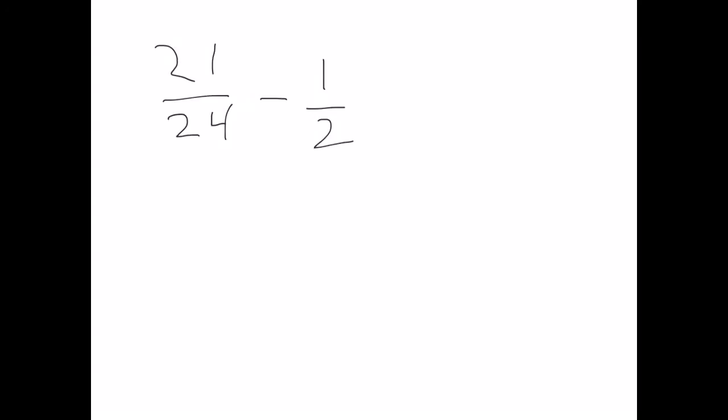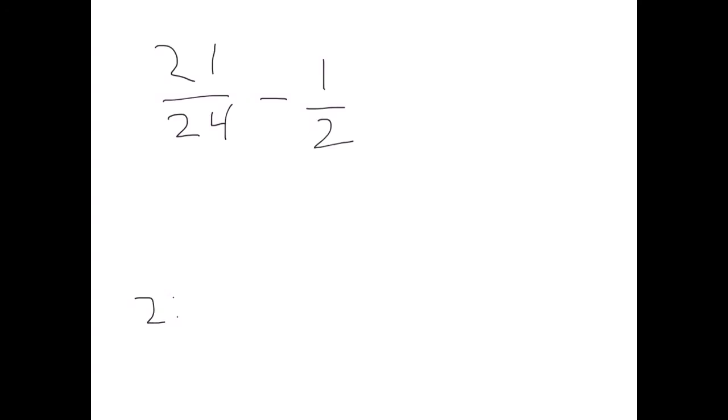And now for the counterpart of adding, subtracting. So now we're going to have to find a multiple of the denominators, the two bottom numbers. And this is going to be easy, so I'm just going for the least.